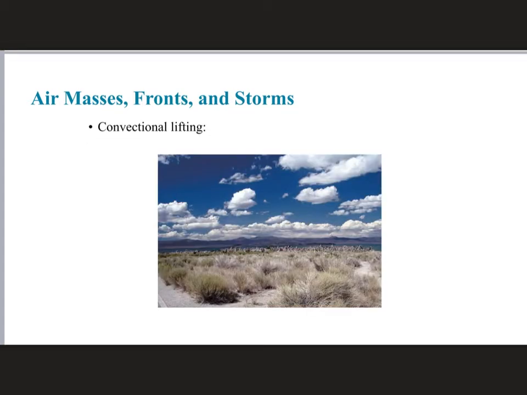Now, the first type of lifting is called convectional lifting, and that uses the process of convection. So the idea is this: the sunlight is coming in and it warms the ground up. So the air near the ground is warm, and so it expands, it gets less dense, and it rises.